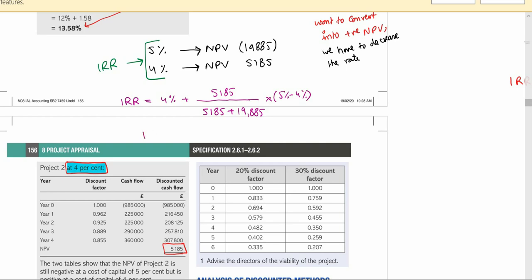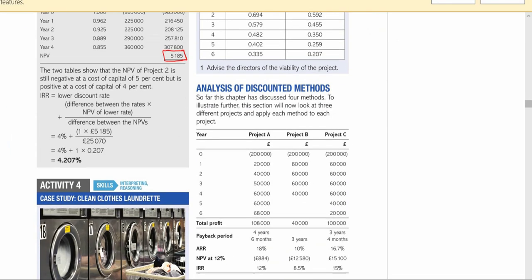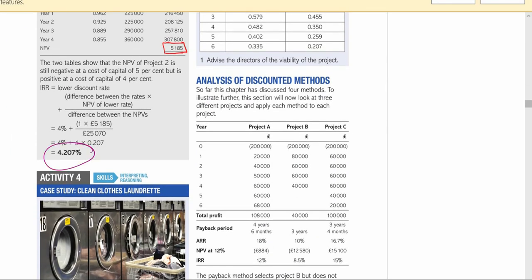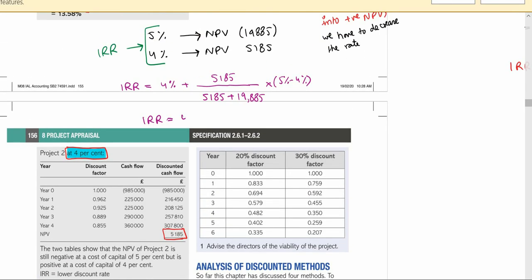So what will the IRR be? IRR will be 4.207%. Just calculate this.